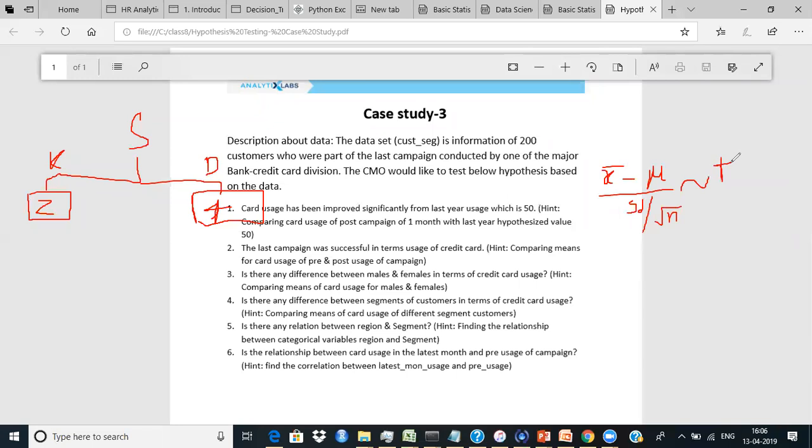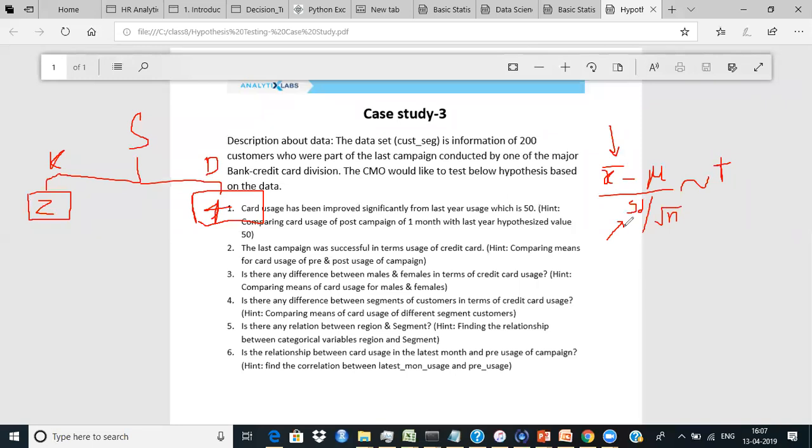Why does it follow a T distribution? The reason is that X follows normal in most of the cases. I mean, this is how I remember it. Now, what is standard deviation? Standard deviation is the square root of the sum of squares of certain things, right? Remember, standard deviation is the square root of (X minus X bar) squared.